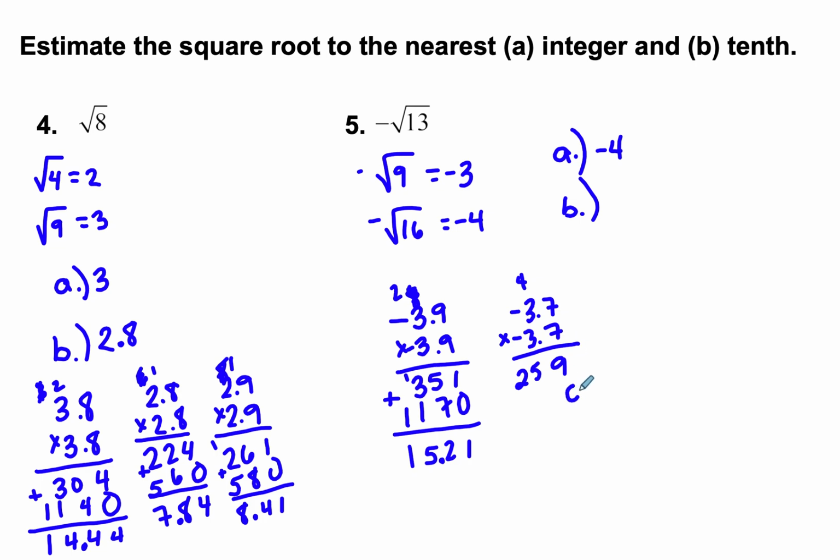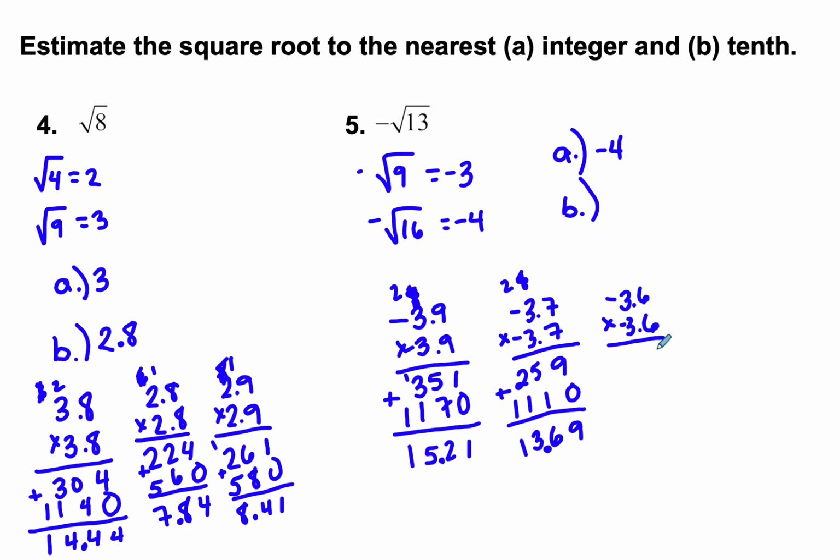Add a placeholder 0. 3 times 7 is 21. 3 times 3 is 9, plus 2 is 11. Okay, 2 decimals. This one is very close, 13.69. It's a little high, so now I'm going to have to try negative 3 6/10 and see if it's any closer to 13.